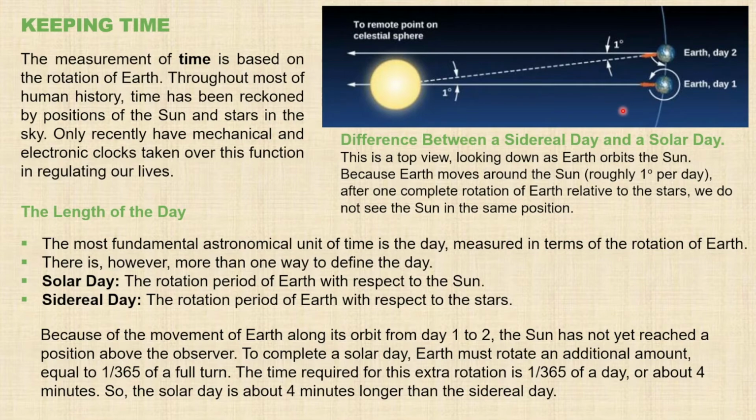For the Earth to revolve around the sun, we are adding 4 minutes every day, and that 4 minutes adds up within a year's time. And so it's not 365 days, but 364 and almost a quarter days.